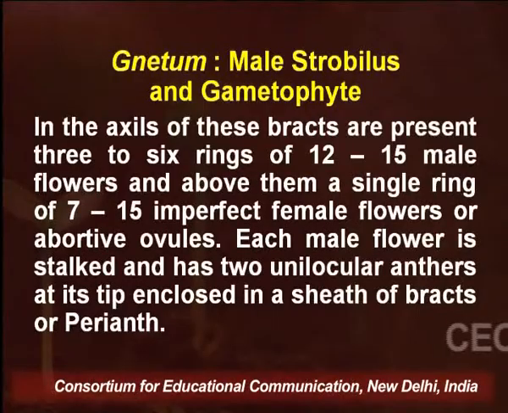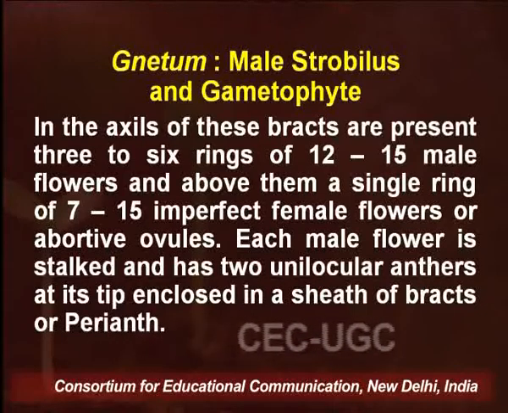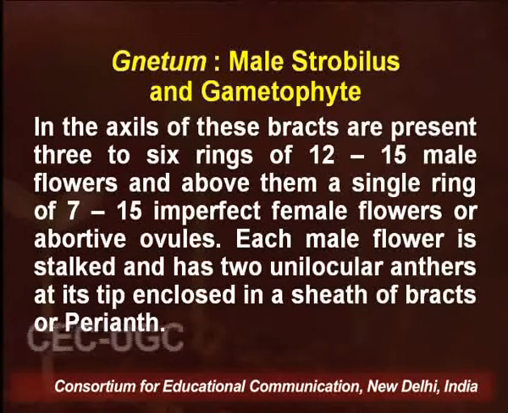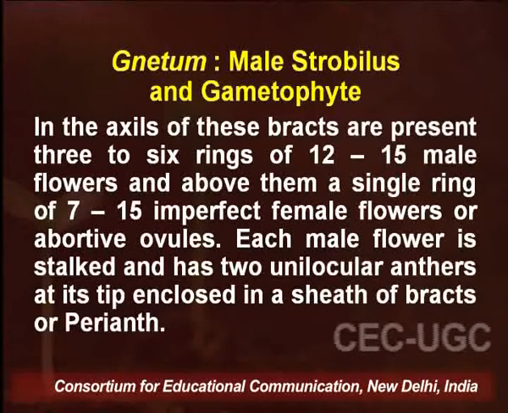In the axils of these bracts are present 3 to 6 rings of 12 to 15 male flowers, and above them a single ring of 5 to 7 imperfect female flowers or abortive ovules are also found. Each male flower is stalked and has 2 unilocular anthers at its tip, which is enclosed in a sheath of bracts. This sheath of bracts is also called the perianth.